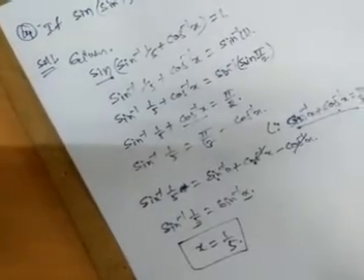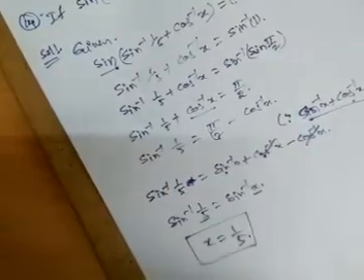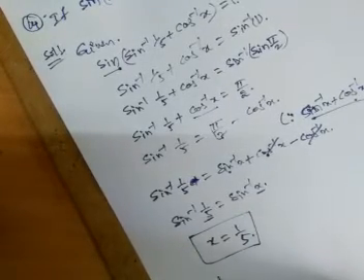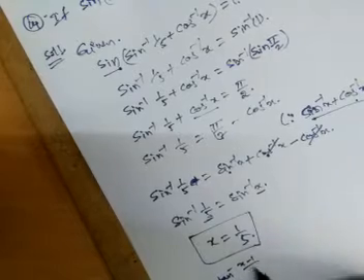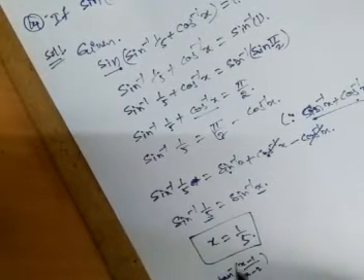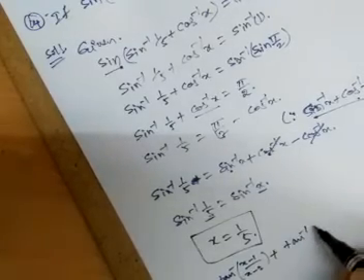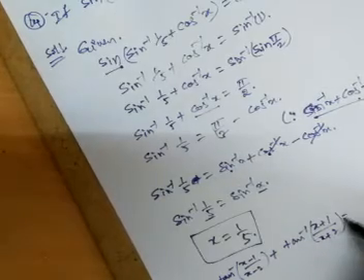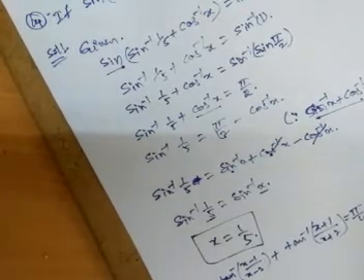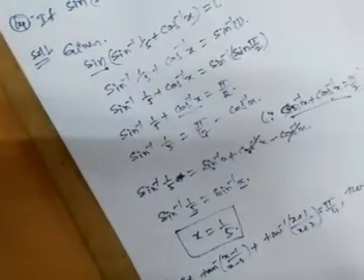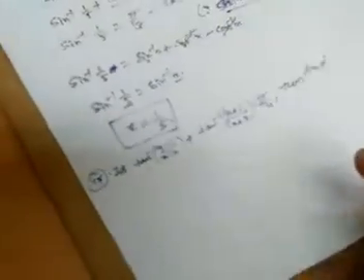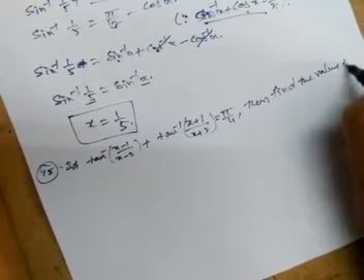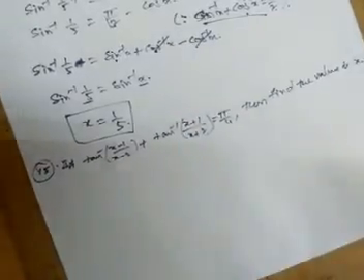Next, 15th question. If tan inverse of (x minus 1) by (x minus 2) plus tan inverse of (x plus 1) by (x plus 2) equals pi by 4, then find the value of x.